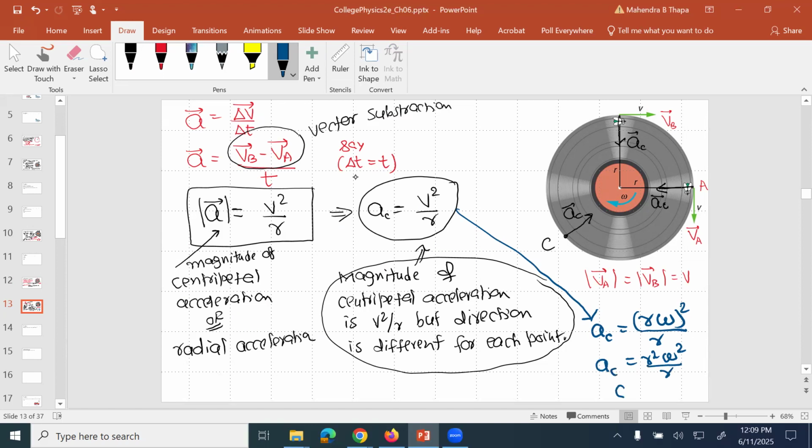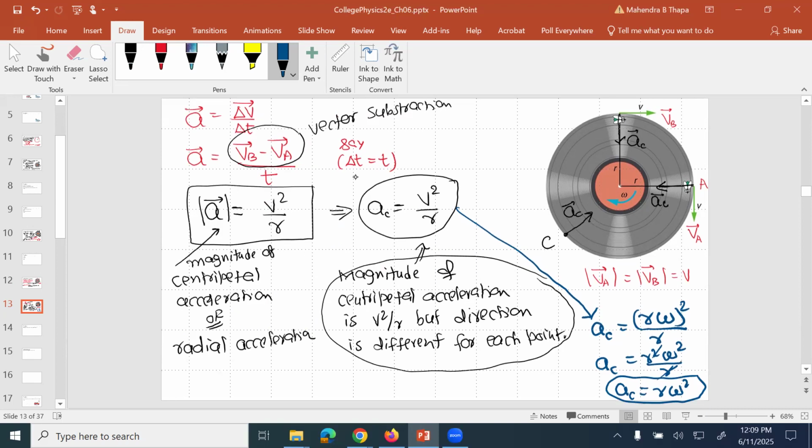So centripetal acceleration can be simplified as: r and r squared cancel out, so it will be r omega squared. Okay. So the important concept here is that centripetal acceleration is always towards the center at every point of this path.